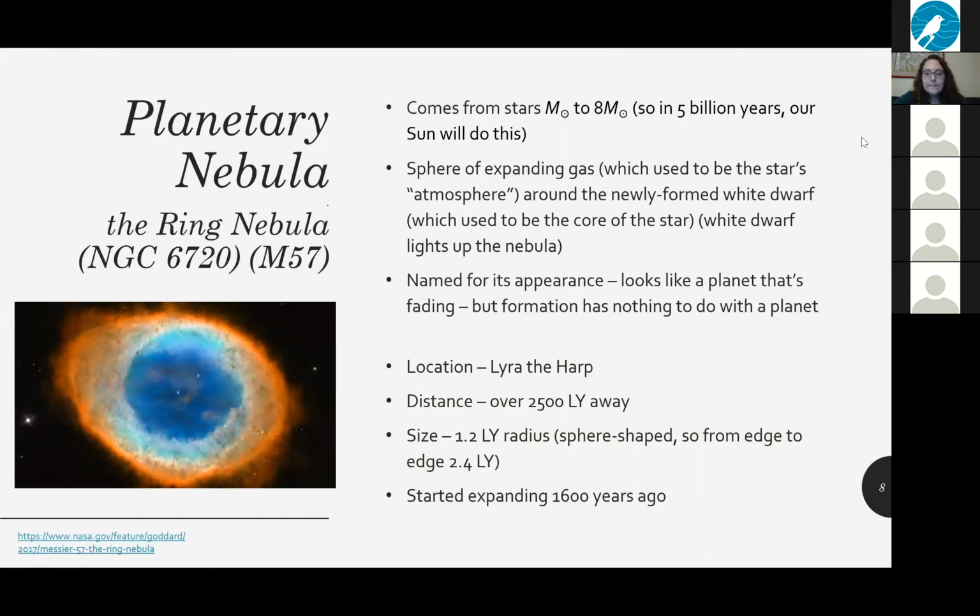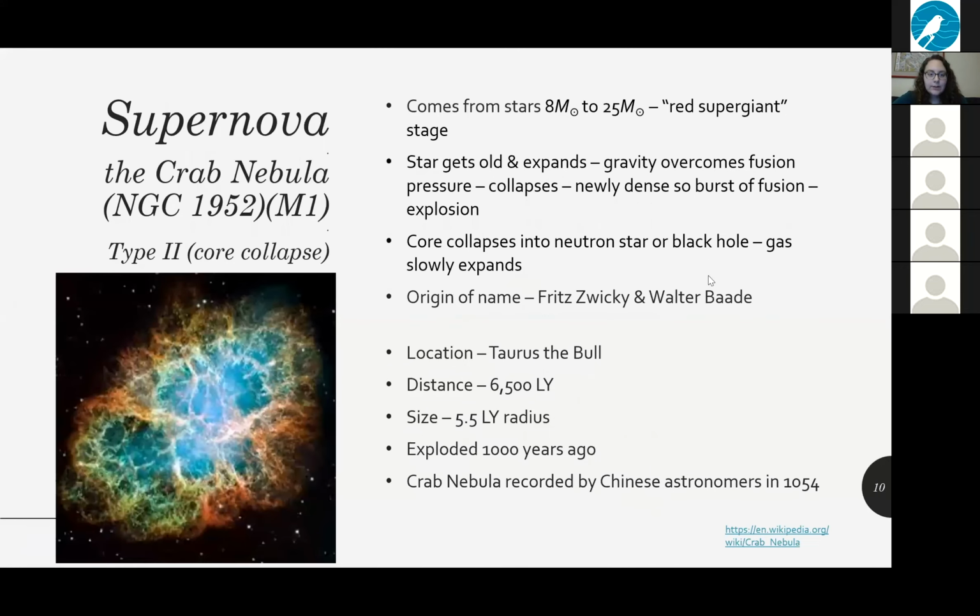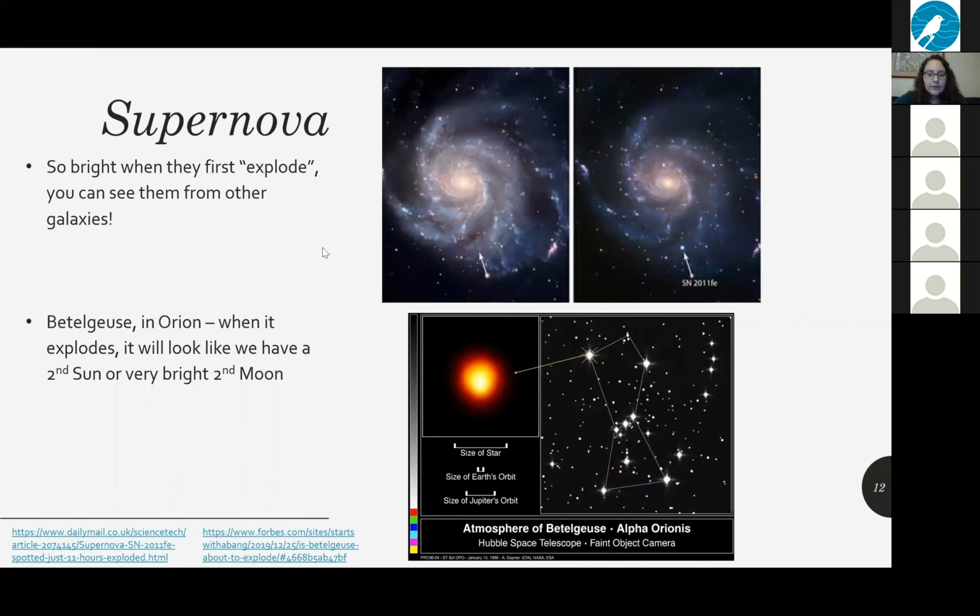Another question from Carruthers: would a Betelgeuse supernova affect the Earth in any way aside from being a new observational target? Yes, so that alone would be really, really interesting, looking at it and the nebula that it would create. But otherwise, no, we wouldn't get any high energy photons from it because they would be too redshifted and too spread out.